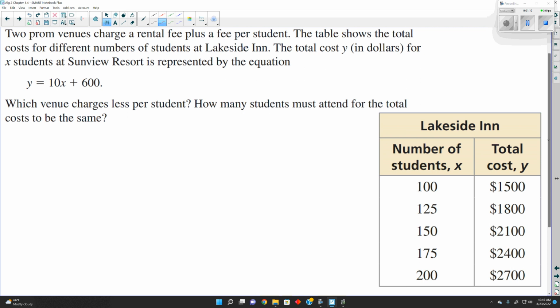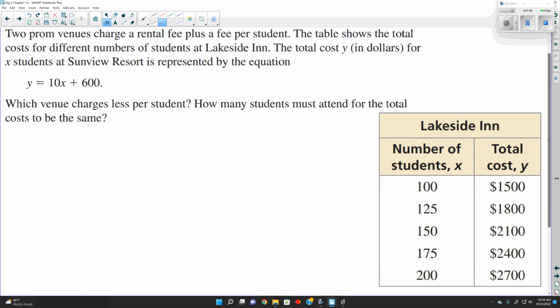Now there are two things we want to find out. The first is which venue charges less per student. Then we need to determine how many students must attend for the total cost for these two places to be the same. To figure out the cost per student for each venue, we need to find the slope, because the slope tells us how much it costs per student.